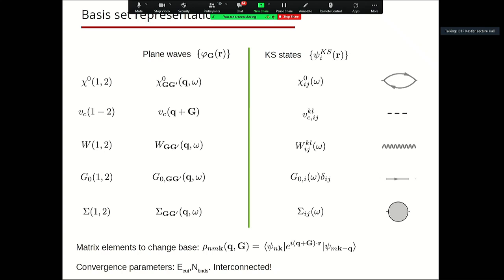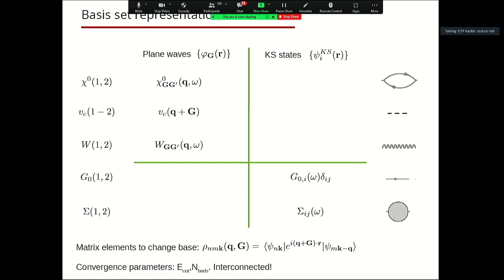For example, the Coulomb interaction is diagonal in plane waves, while it depends on four indexes in the basis of Kohn-Sham states. And as the opposite, G0 is diagonal in the basis of Kohn-Sham states, while it depends on G, G prime and q in plane waves.